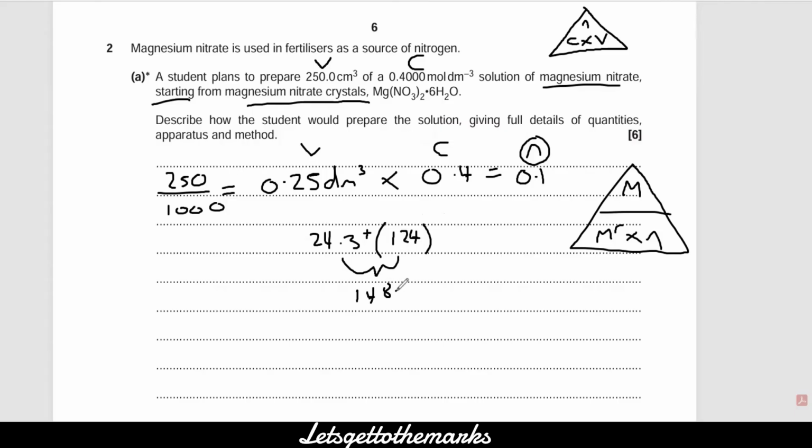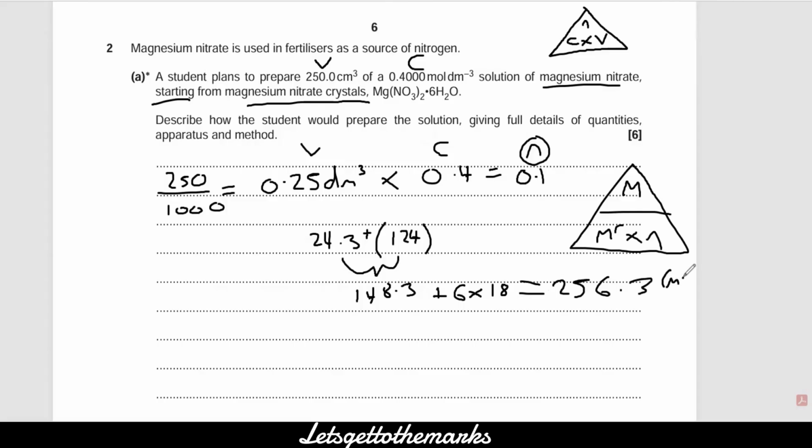So this altogether is 148.3. Some people might want to do this from the magnesium nitrate, but I'm not interested in that. I want to use the starting point of magnesium nitrate crystals. So I'm going to also add 6 times water, which I know off by heart is 18. So we're going to add plus 6 times 18. This gives me a total Mr of 256.3.